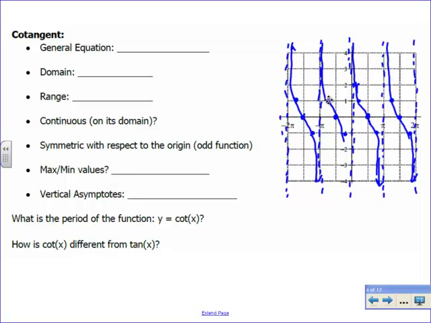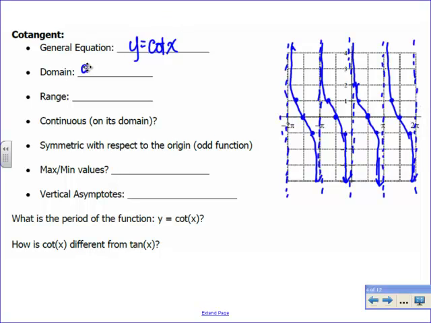Okay, so basic properties again. The general equation is just going to be the cotangent of x. Domain again has some restrictions. This time they're at the intervals of pi: at 0 pi, at 1 pi, at 2 pi, at 3 pi, at 4 pi.